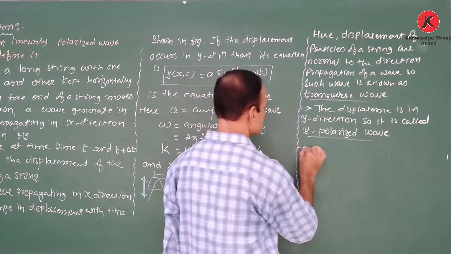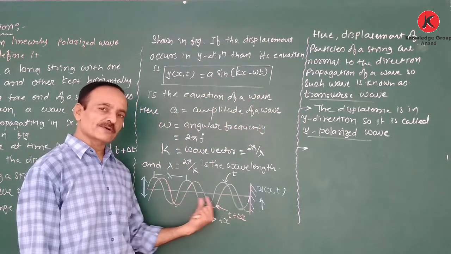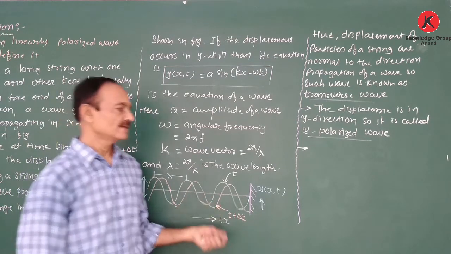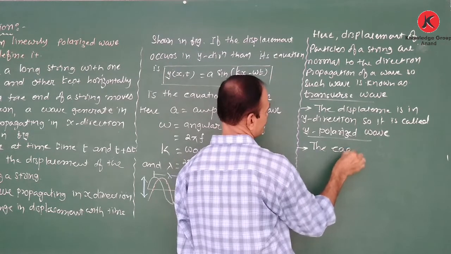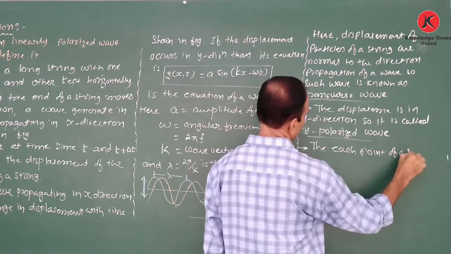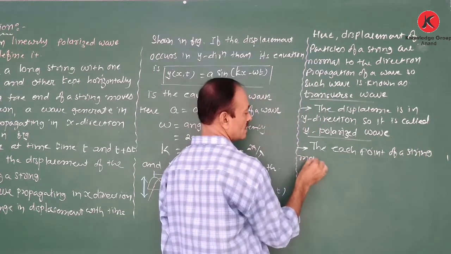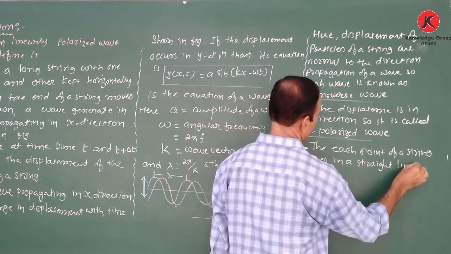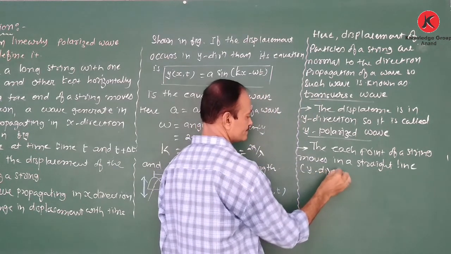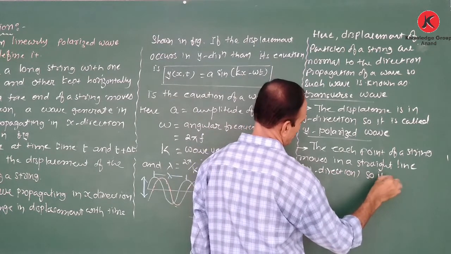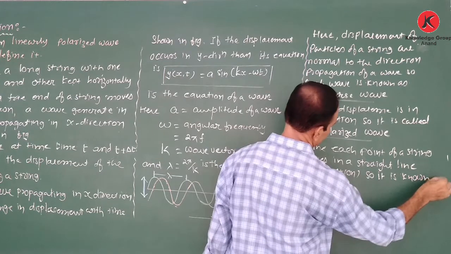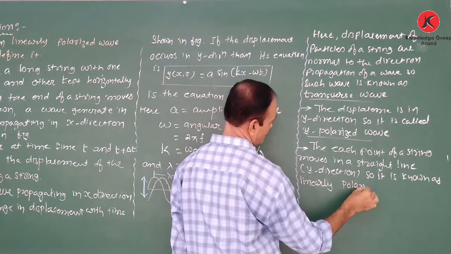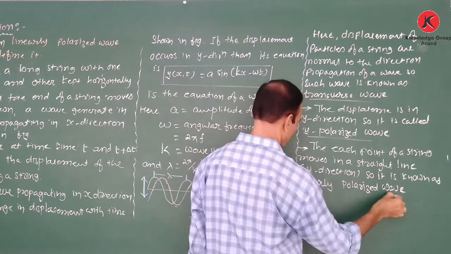Now, the linearly polarized wave. The displacement of each point of the string moves along a straight line, that means the y direction only, so it is known as a linearly polarized wave.